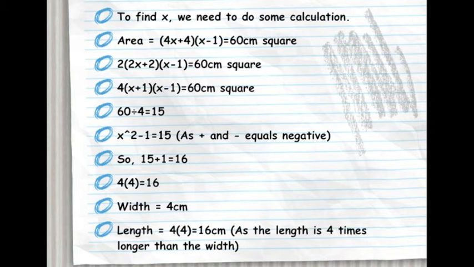So x squared minus 1 equals 15. So 15 plus 1 equals 16, and 4 times 4 equals 16. So the width equals 4 cm and the length equals 4 times 4 cm, which is 16 cm, as the length is 4 times longer than the width.